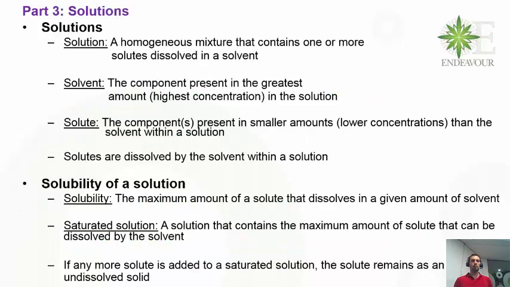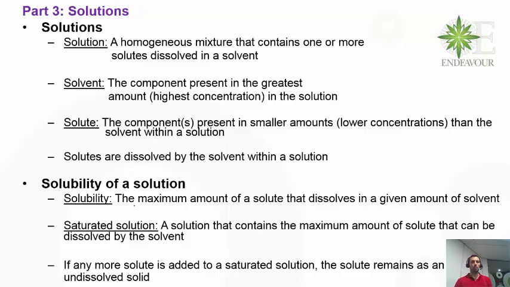To summarize what we've seen in this section, a solution is a mixture of components. The solute is dissolved in the solvent in that mixture. The solvent is the component that there's most of in solution, whereas the solute is the one that there's less of. You can have multiple solutes dissolved in a single solvent.